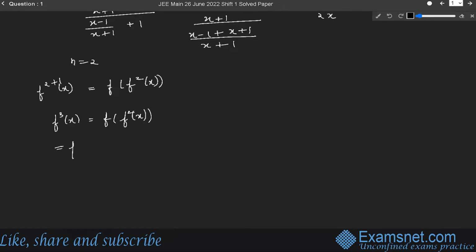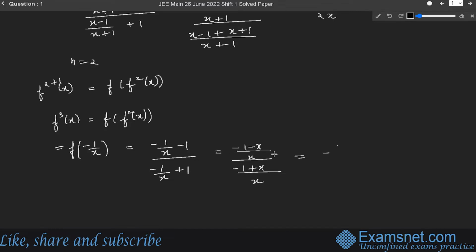So this will be f of minus 1 upon x. Again it will be (minus 1 upon x minus 1) divided by (minus 1 upon x plus 1). On taking the LCM, this will be (minus 1 minus x) divided by x upon (minus 1 plus x) divided by x. So this will be minus of (x plus 1) divided by (x minus 1). This is the value when n is equal to 2.